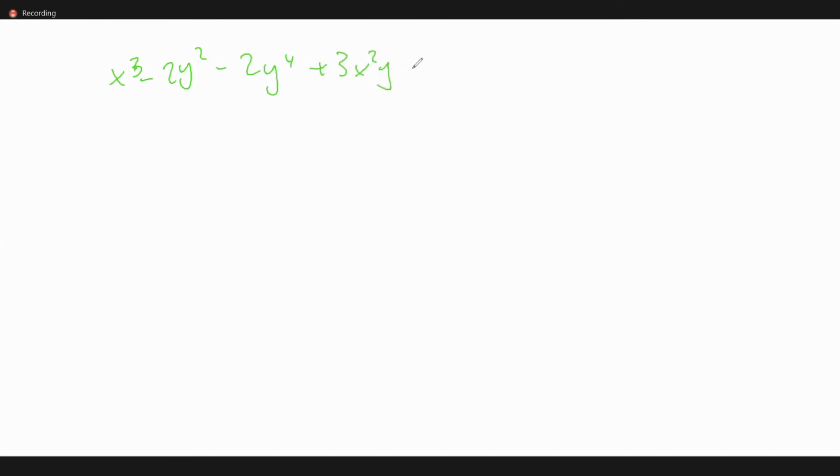So we take the partial derivative with respect to x, which gives us 3x squared plus 6xy. And we set this equal to 0. And then we take the partial derivative with respect to y, and we find that it is equal to negative 4y minus 8y plus 3x squared is equal to 0.